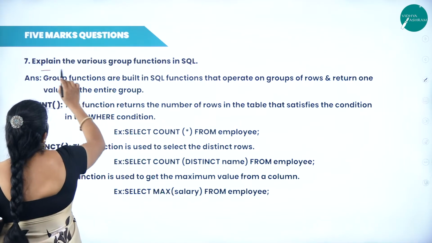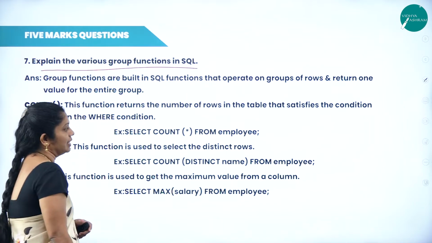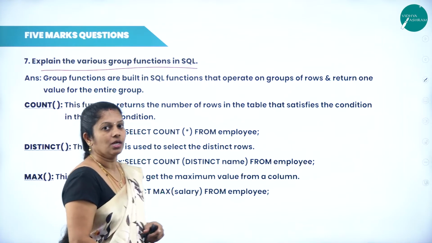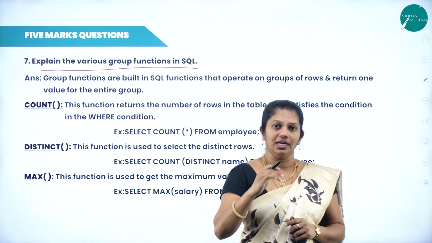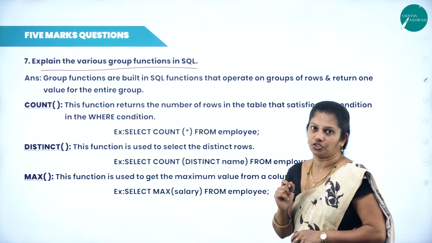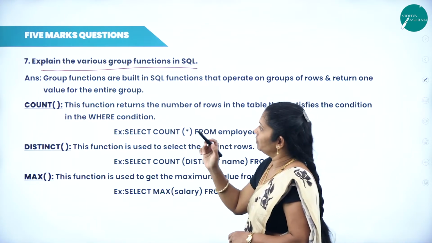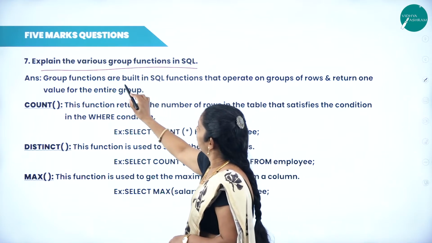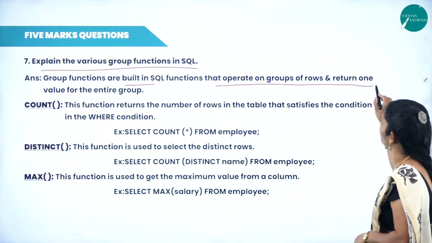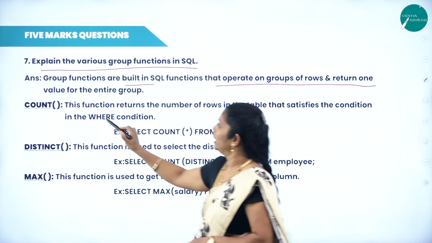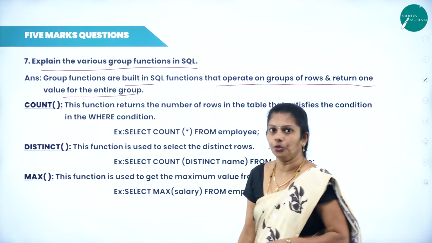Next, we will move on and explain the various group functions in SQL. It's very important because a group function considers all the records and generates one single piece of information from them. Group functions are the built-in SQL functions that operate on a group of rows and return one value from the entire group.